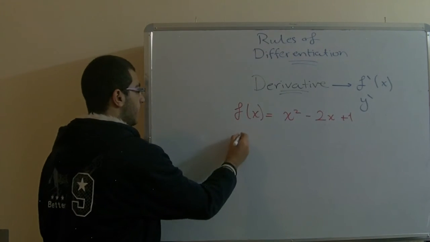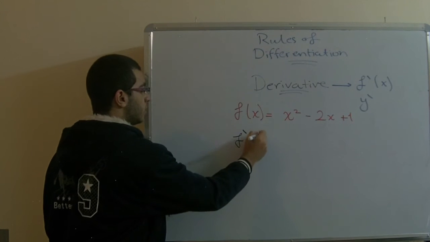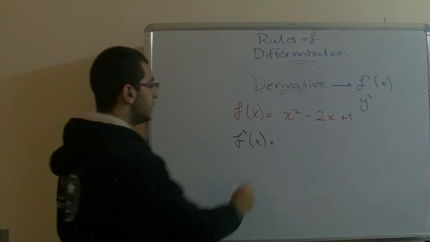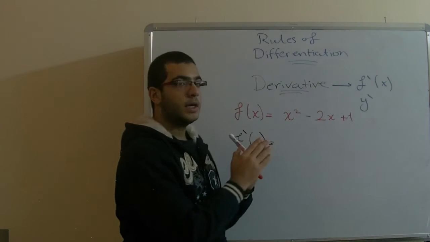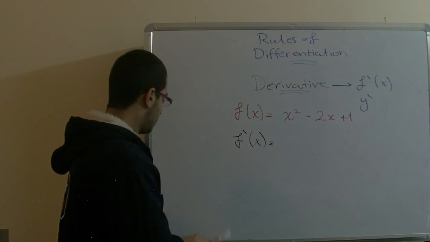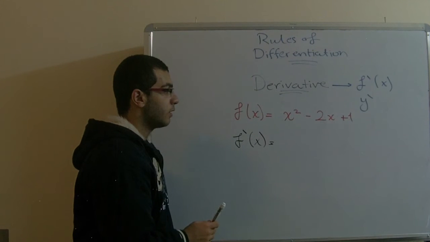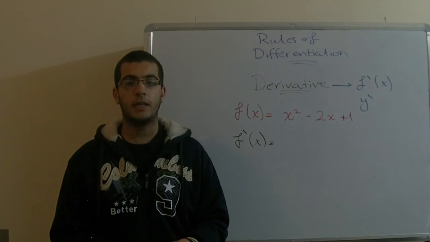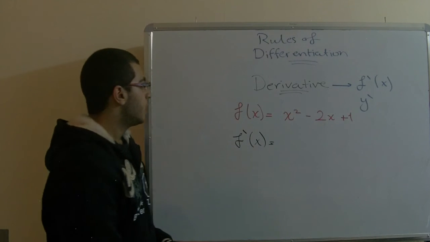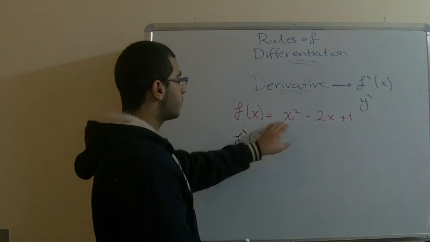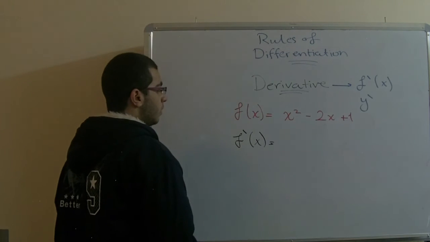So here what we will do is deal with the first term, because they are added to each other or subtracted from each other. But if they are multiplied or divided, they have other rules that we will talk about the next time.